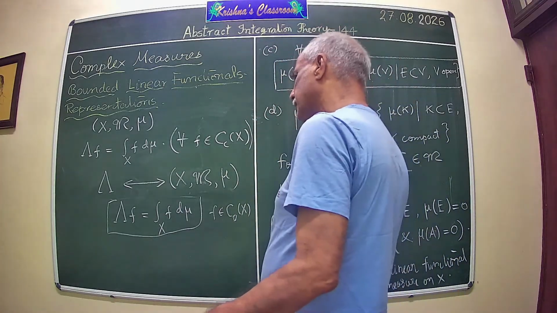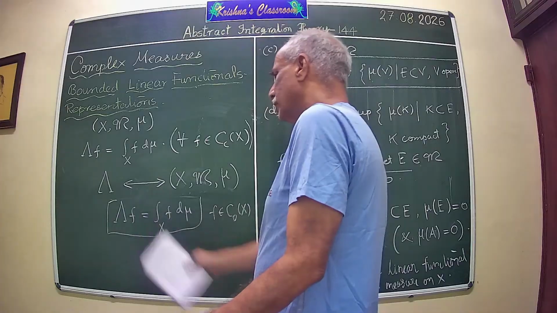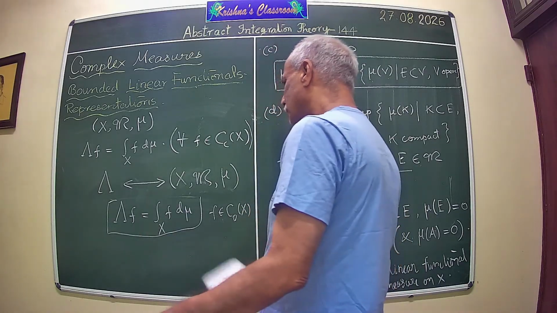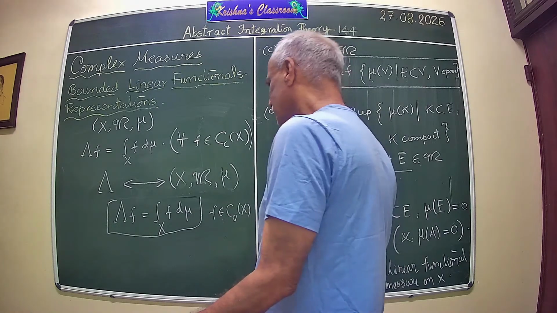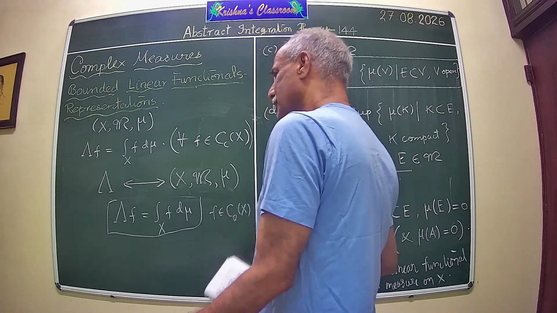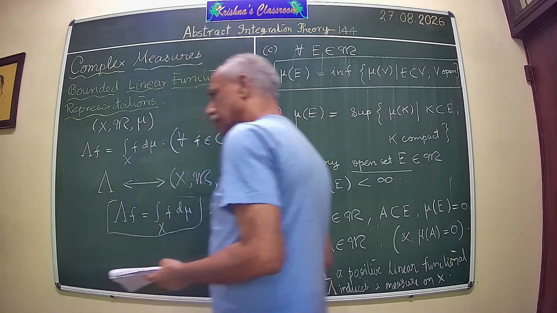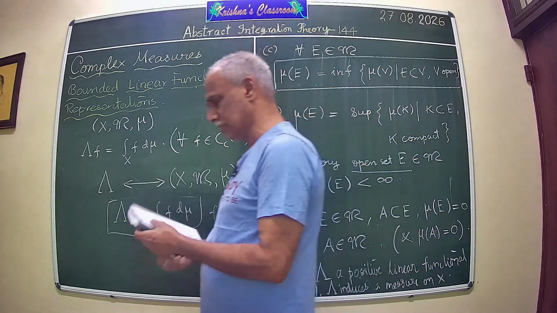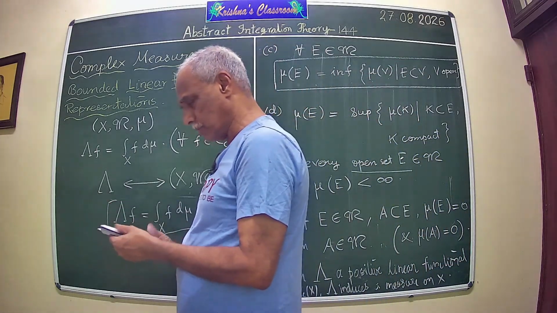If you have a complex measure, using that you can define a complex linear function, and that's a bounded linear function on C naught X. Now this is the unique representation theorem that we are going to prove in the general case. Now let us work on that.